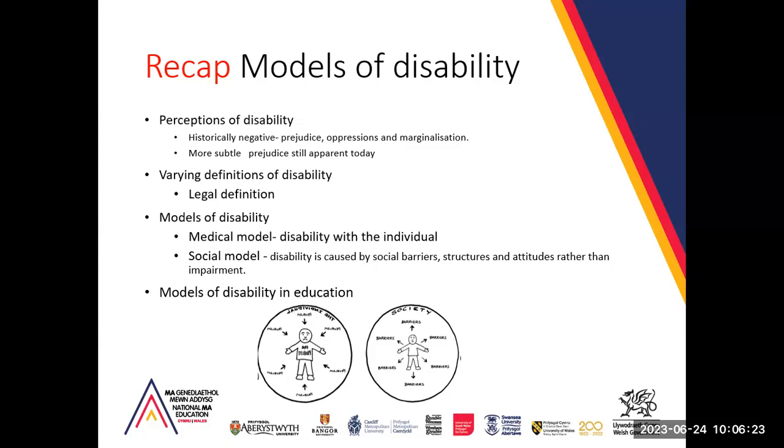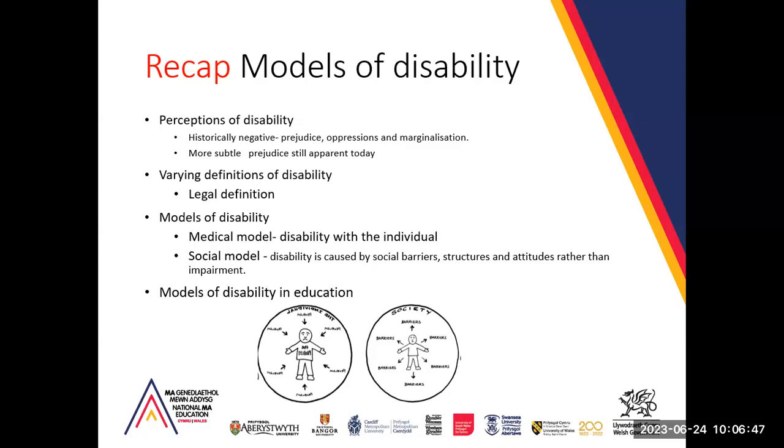The medical model of disability located disability with the individual. The medical model uses the World Health Organization's definition of disability from the 1970s when this was first developed, and that definition located disability with those individual difficulties.